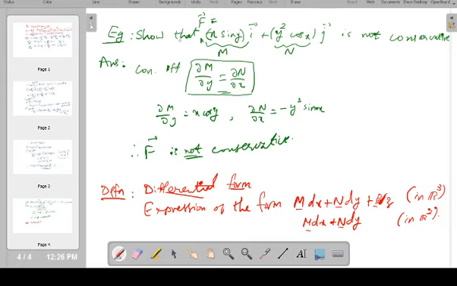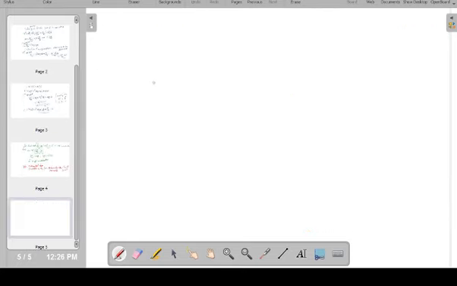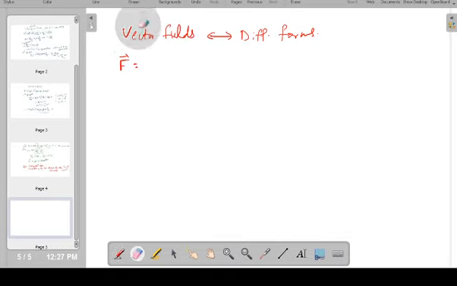So observe that there is a one-to-one correspondence between vector fields and differential forms. How? If I have a vector field M i plus N j plus P k, what is the corresponding differential form?